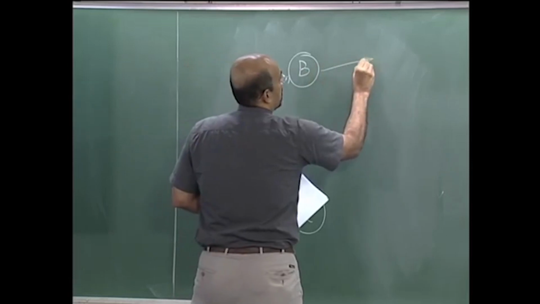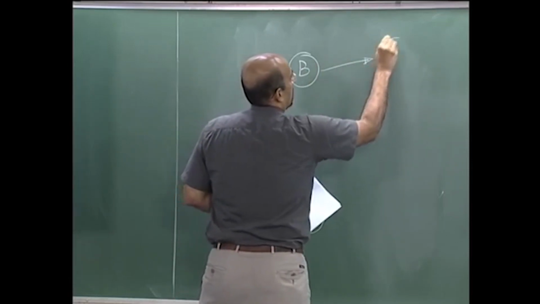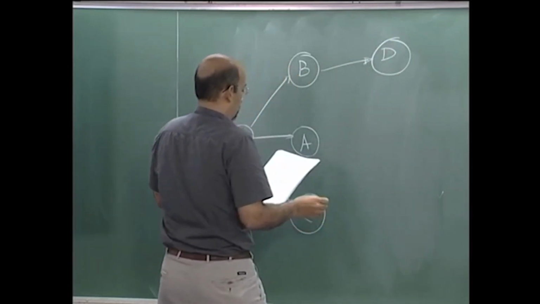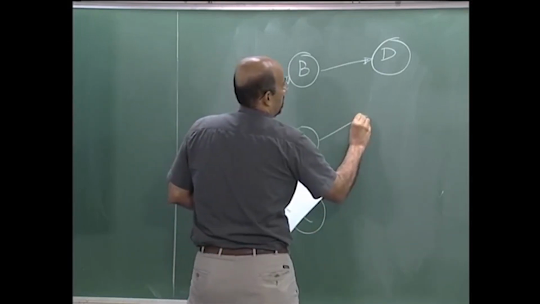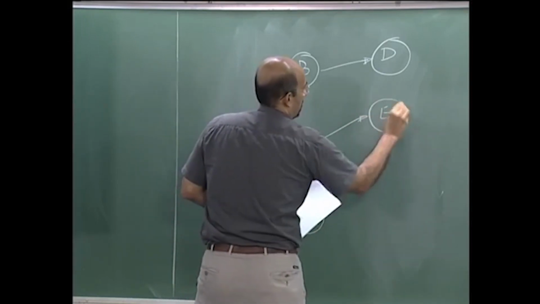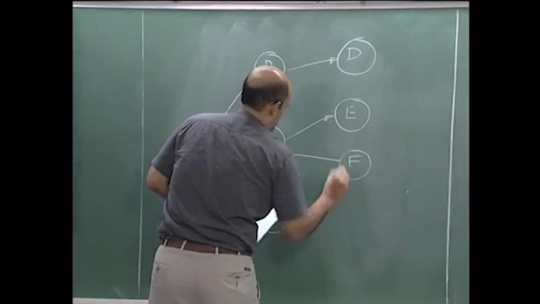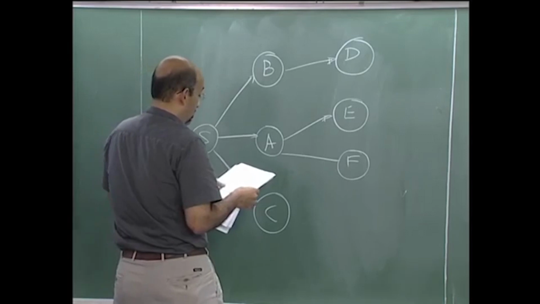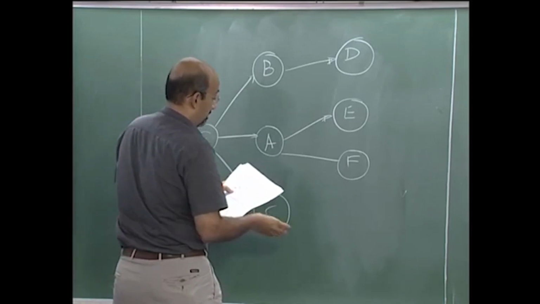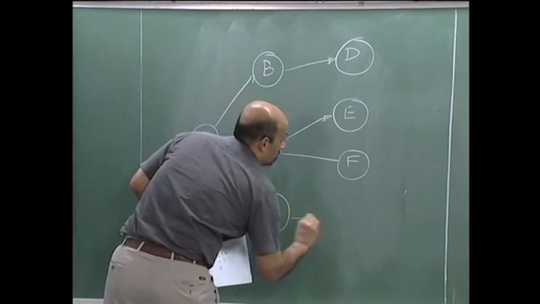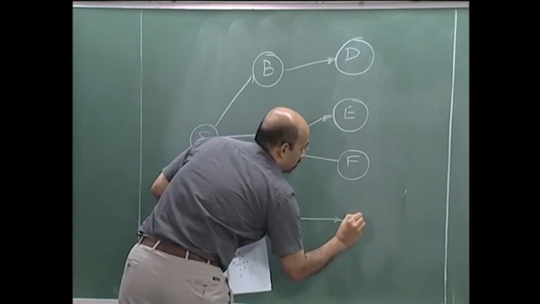From B you will have D as a successor, E, F, and G has C as the predecessor.